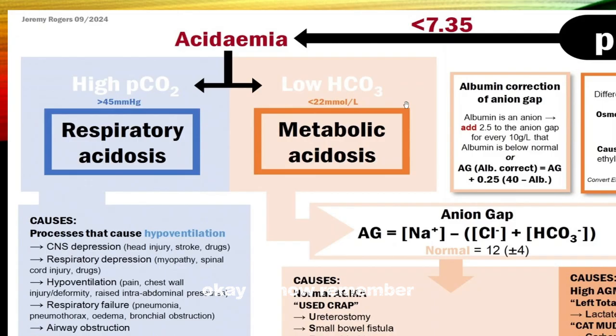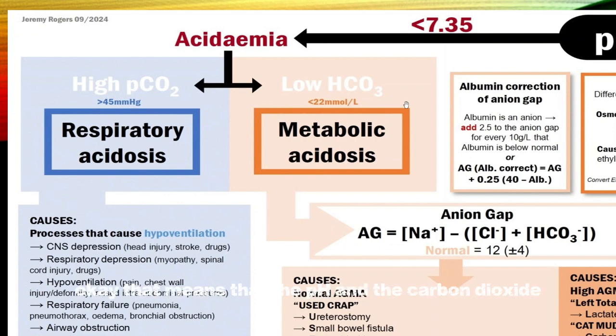Okay, so now remember, for you to say this is acidosis with regards to carbon dioxide, the carbon dioxide should increase. The carbon dioxide should be high, in short. So if the carbon dioxide is more than 45, we call that respiratory acidosis.